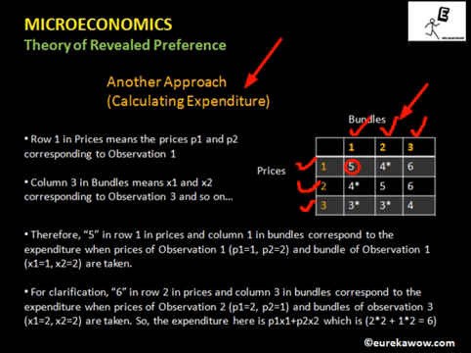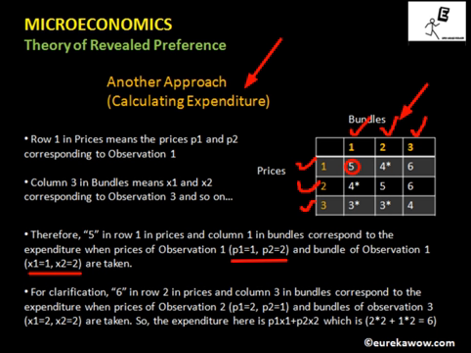So we can see from the observation table that the prices corresponding to observation 1 are P1 equals 1 and P2 equals 2, and x1 comma x2 was 1 comma 2. So when we calculate the expenditure, it will be 1 into 1 plus 2 into 2, which is equal to 1 plus 4, which is 5, and hence the cell here represents 5.